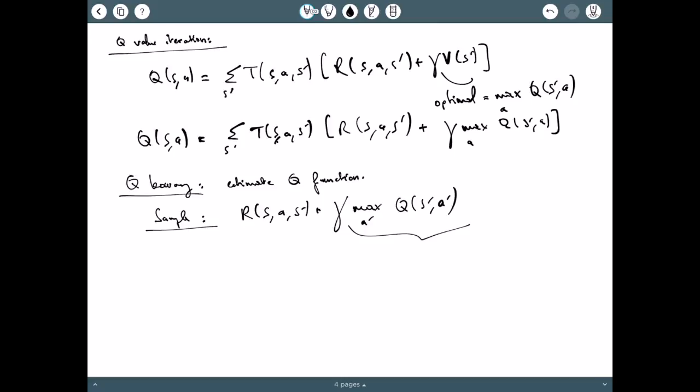Because we assume an optimal behavior, not only are we going to estimate the Q function, but as a byproduct, we'll also have an optimal policy.